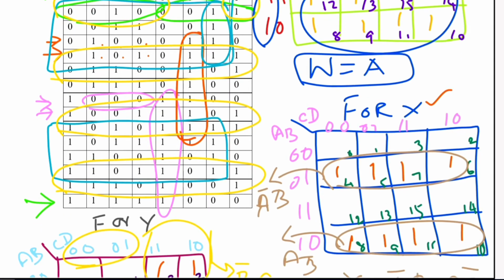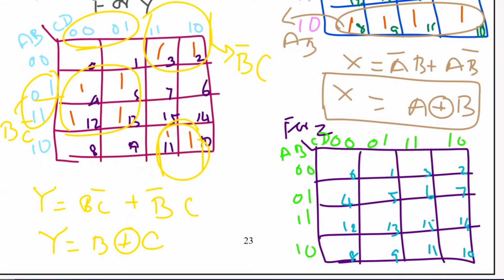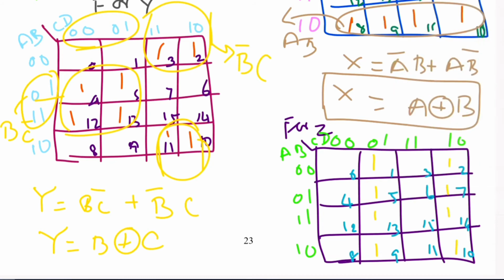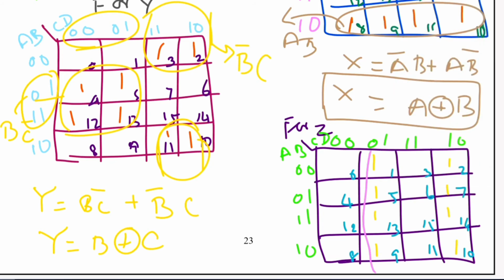So plot all the high outputs and come up with the K-map for Z. It gives 1 1 1 1 1 1 1 1 over here, and do the grouping.